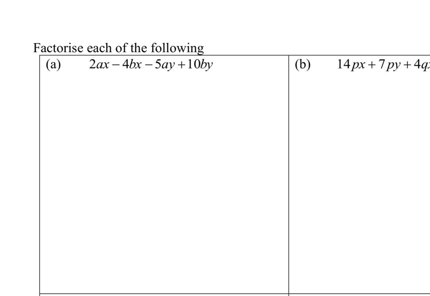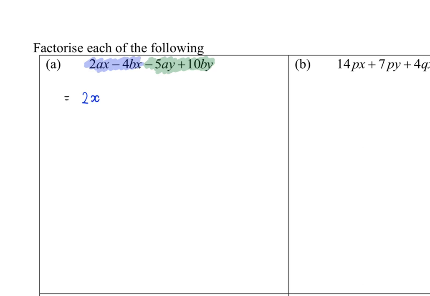For the very first part here, I'm going to break this into two groups. I'm going to see this as the first group and the second group. For the first group, I saw that 2 is actually a common factor between 2 and 4. I also saw an x.